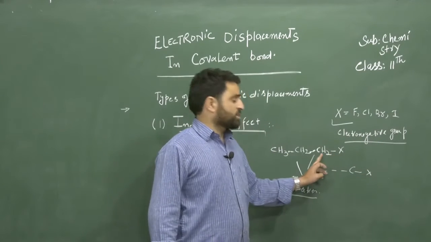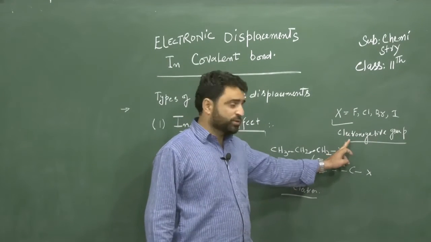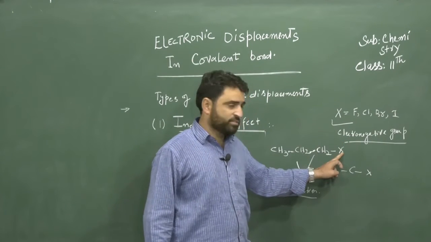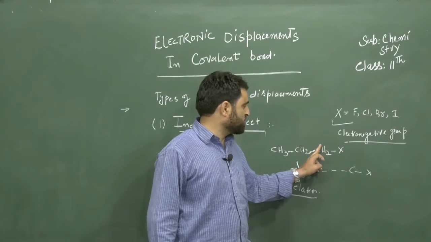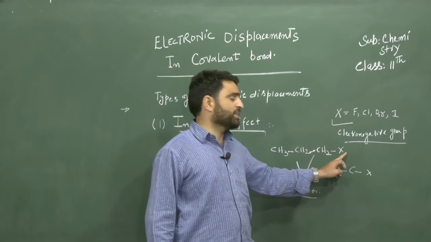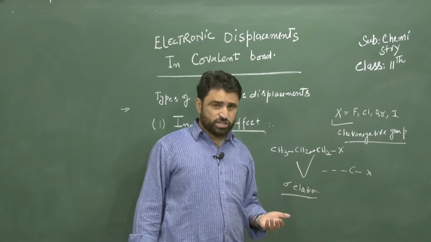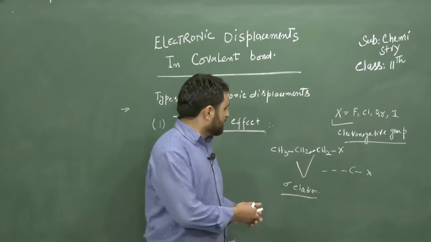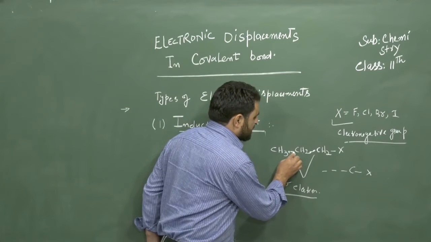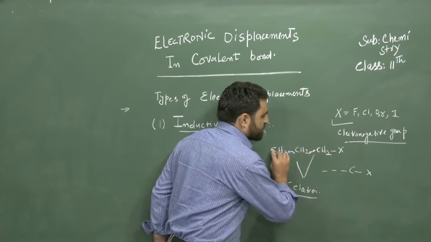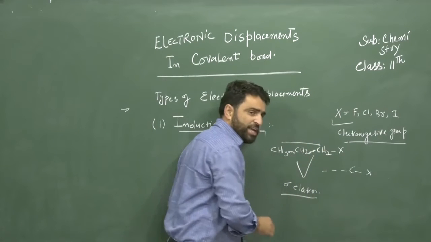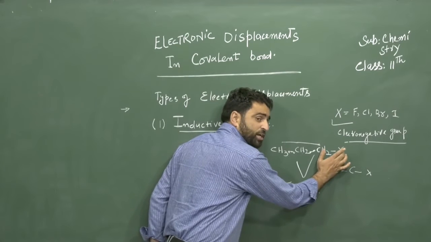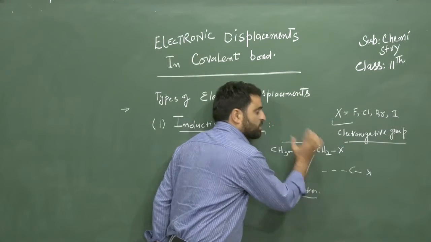When it is attached to this carbon, being highly electronegative, it withdraws electron towards itself, leaving positive charge on the carbon and negative charge on the X. Or in other words, I can write the definition this way: the displacement of sigma electrons takes place when a highly electronegative atom is attached to this carbon.